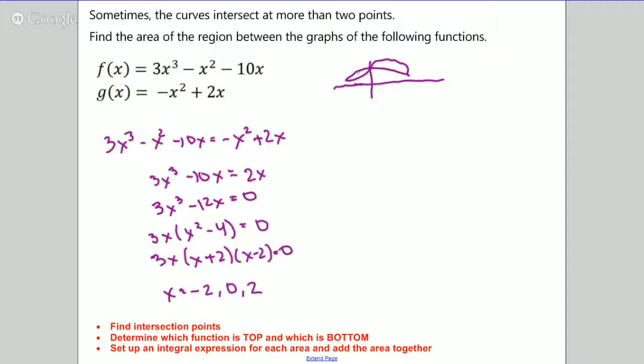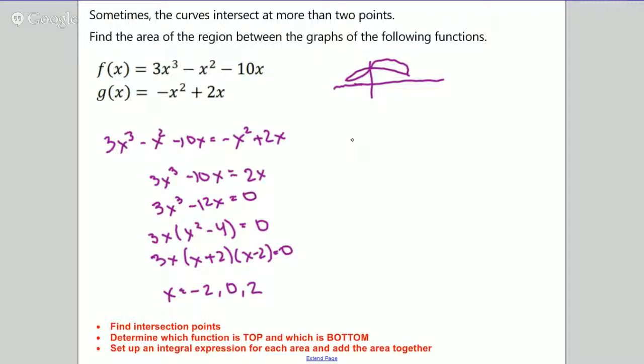Okay, did you see how top and bottom switched there? So if you have more than one intersection, your top and bottom could change, right? So I'm going to need to set up 2 integrals and then check to see which is the top and which is the bottom for each piece, okay? Now they don't have to switch, right? This one could have just stayed on the bottom like that, but they very well could.